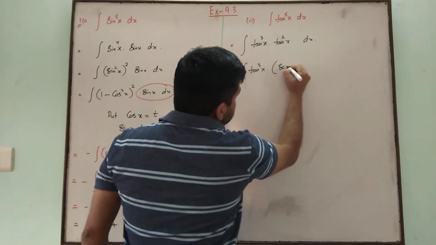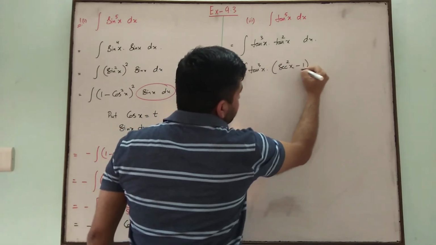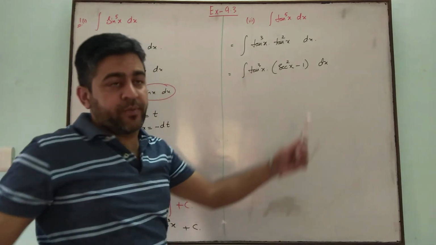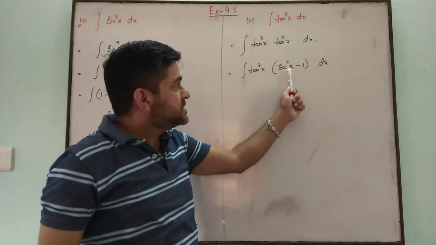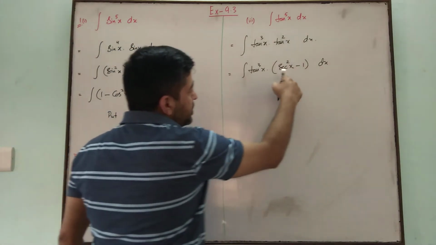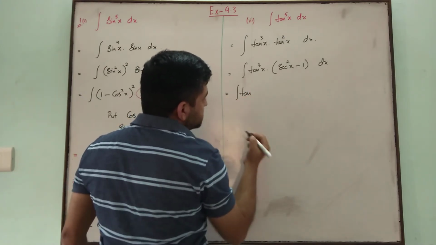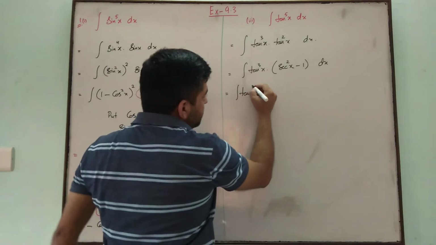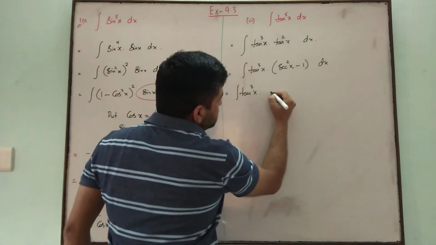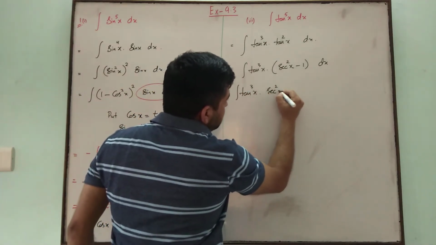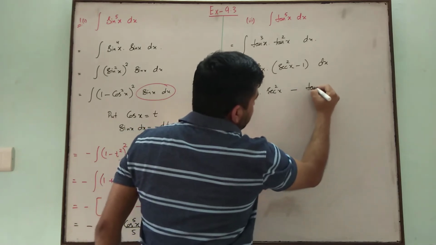Tan square x is secant square x minus 1. The most basic trigonometric formula is tan square x is secant square x minus 1. Now multiply it separately, that is tan cube x into secant square x minus tan cube x.